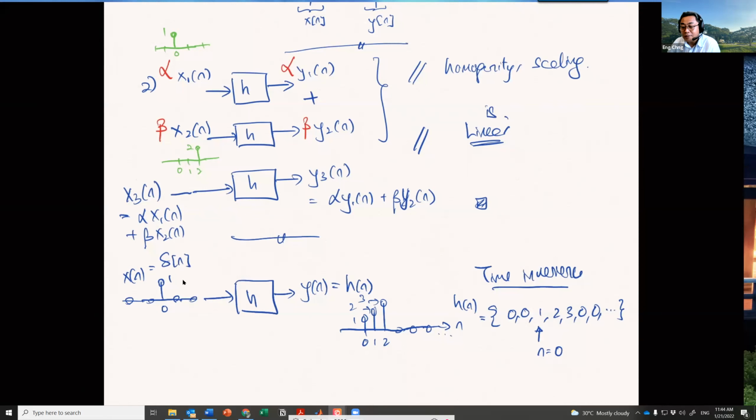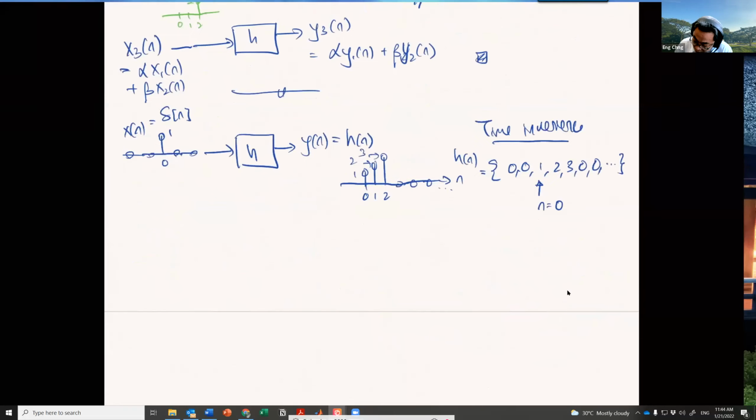All right, now, what is time invariance, guys? Time invariance means that the system's response behavior does not change with time. So what do you think should happen when I send the same input, but now it is delayed by k? Guys, can you help me?